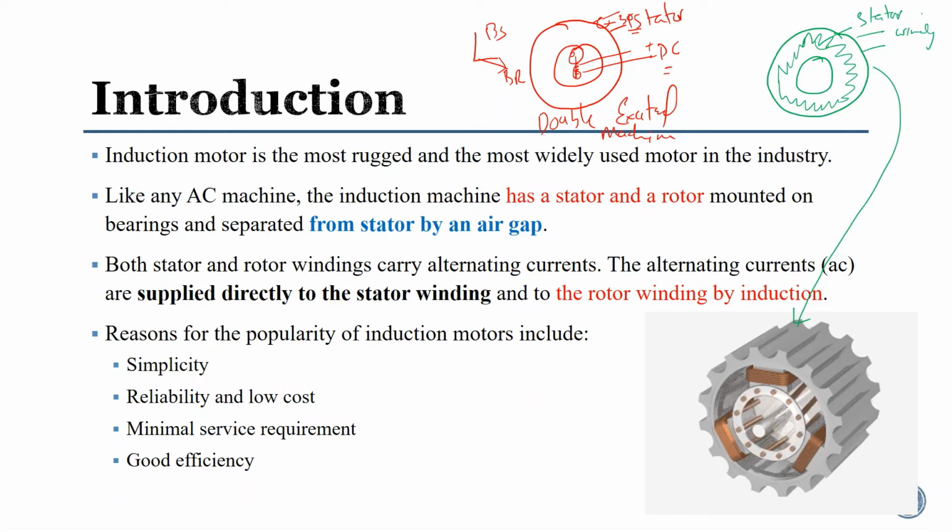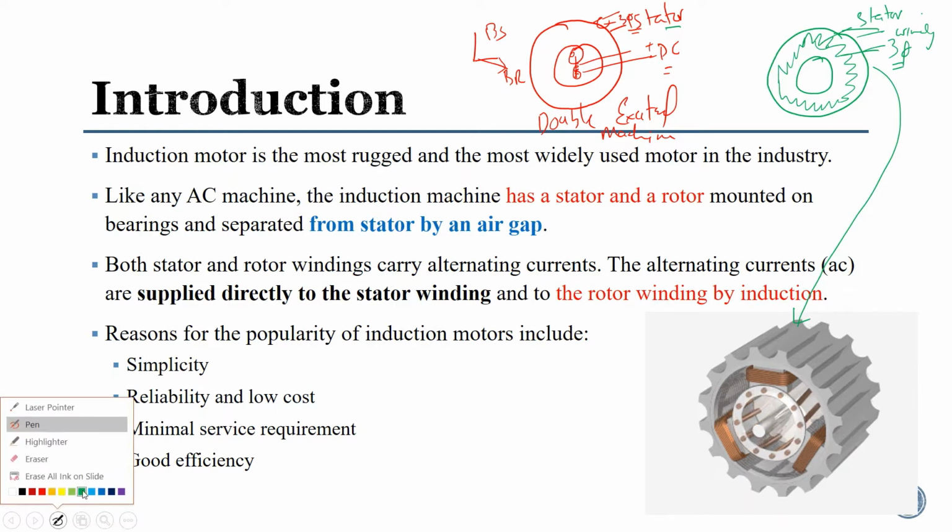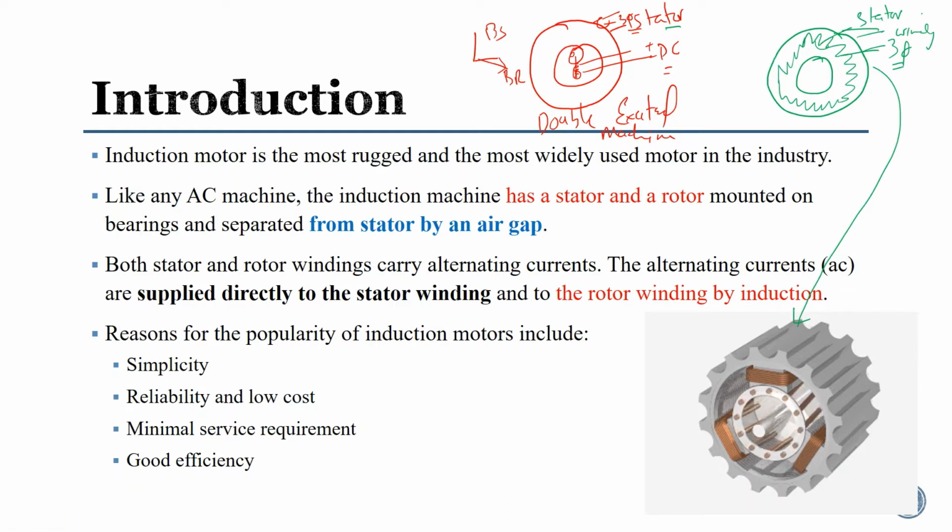We will supply the three phase power supply to the stator winding as we are doing in the synchronous motor. But the big difference between synchronous and induction motor is that we are not supplying any DC supply to our rotor. We are only supplying three phase power supply.